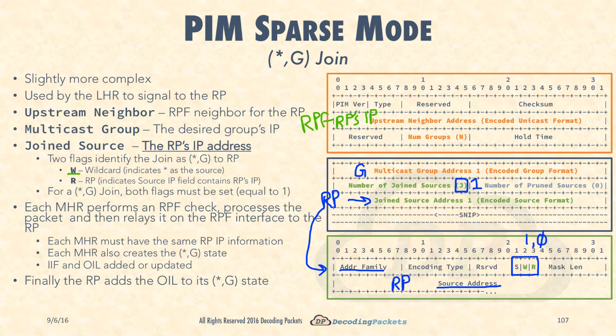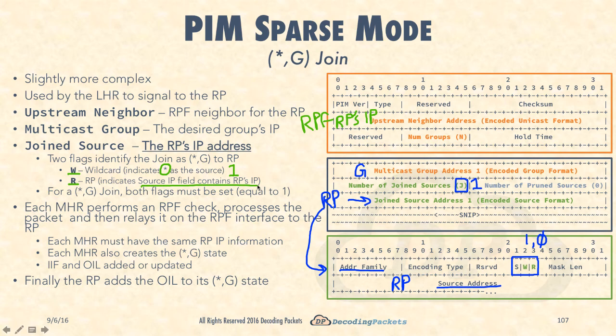So the W flag there is going to be set to a 1, and this indicates the asterisk or the wildcard as the source address. The second flag that would be set is the R flag, and this indicates that the source IP field contains the RP's IP.